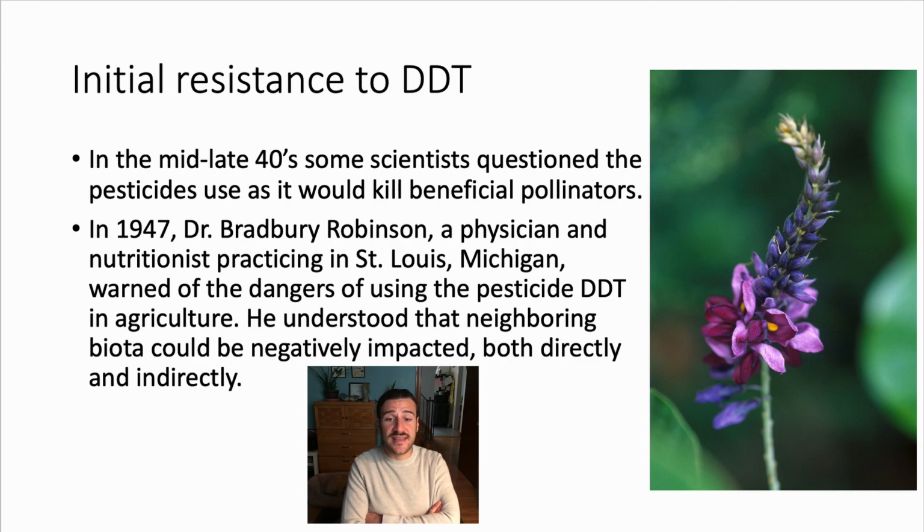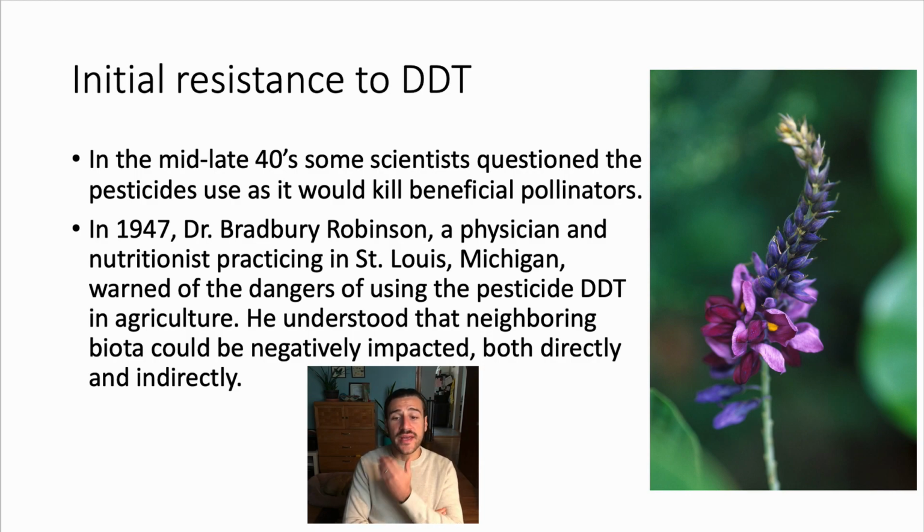In 1947, Dr. Bradbury Robinson, who was a physician and nutritionist practicing in St. Louis, Michigan, warned us of the dangers of using DDT in agriculture.